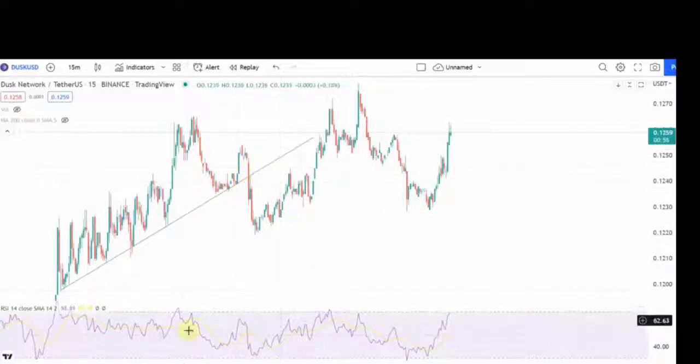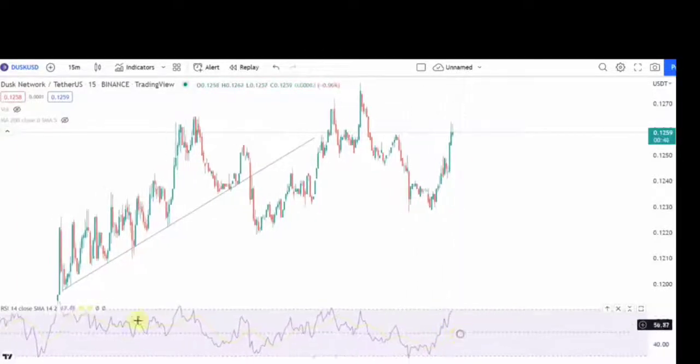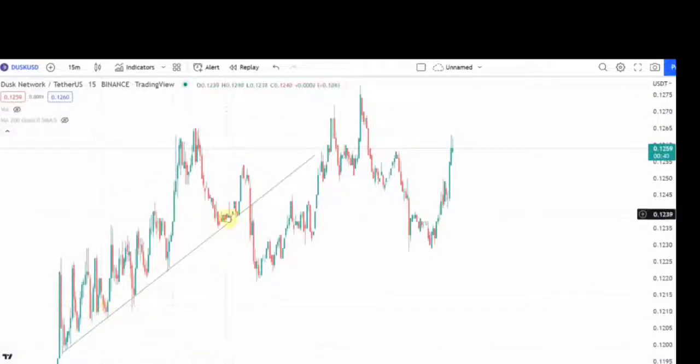So today we are going to be talking about the RSI indicator. This below is what we call the RSI indicator. For this, I'm going to turn it off, and on my screen right now there is no RSI.